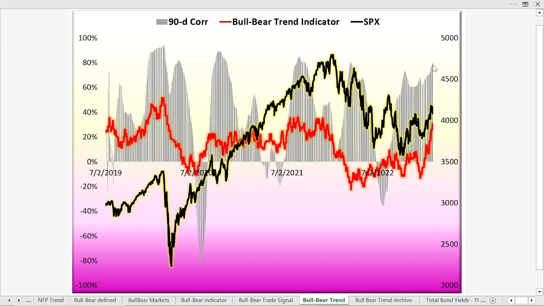Does our current very strong correlation indicate we may be due for a turn? Perhaps, only time will tell, but that is what the data suggests: when we have a very aligned bull-bear trend indicator and S&P 500 and a correlation of around 80%, that sometimes does lead to big reversals. We'll be sure to keep an eye on this indicator and make note of any significant changes moving forward.